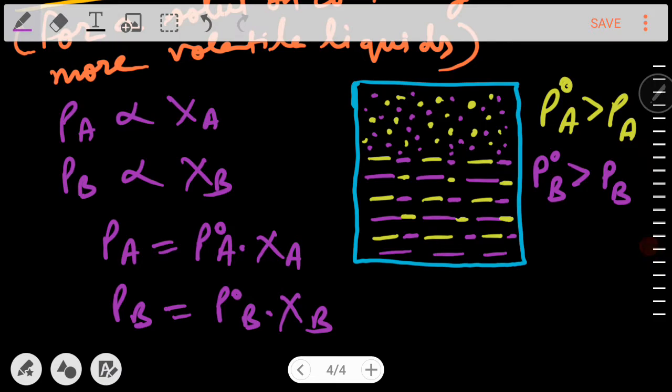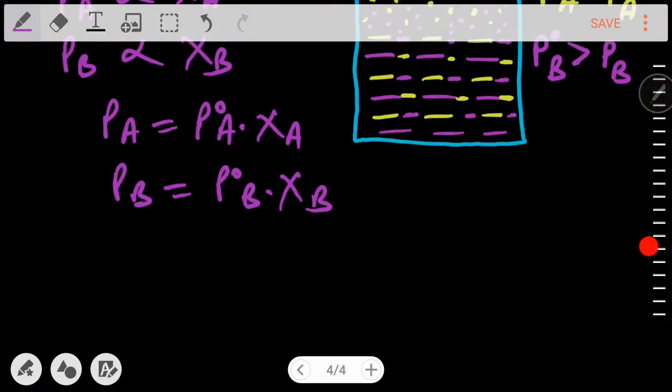When you convert the sign of proportionality into equal to, you have to place a constant, and these constants are the vapor pressures of pure solvents. So PA equals P naught A into XA and PB equals P naught B into XB.